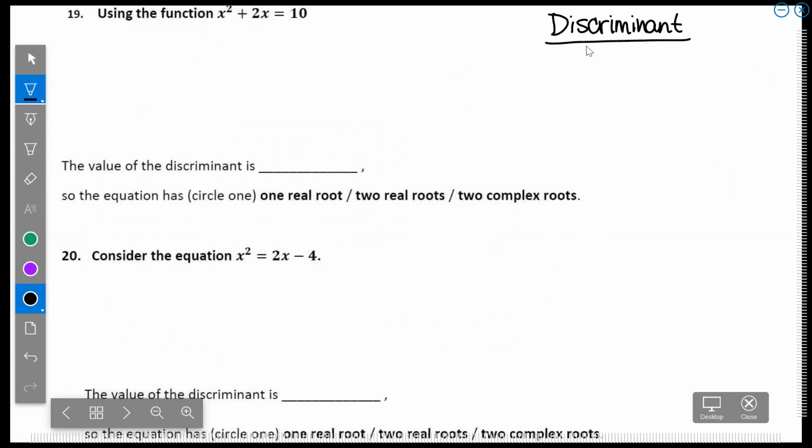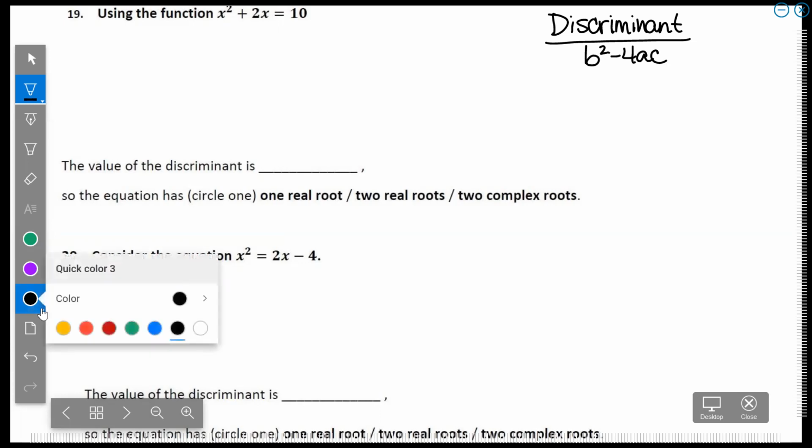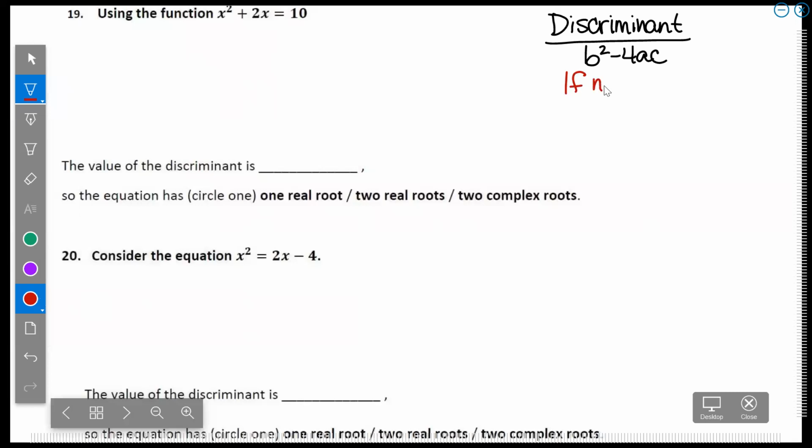To find the discriminant, we do b squared minus 4ac. If I plug the numbers into b squared minus 4ac, and I get a negative number back, then that means there are two complex roots.